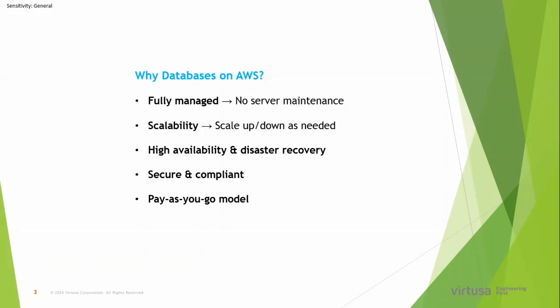Okay. High availability and disaster recovery, because mainly availability is there. Mostly, like last week we discussed 11 nines for the storage itself. Similarly, AWS databases are almost available all the time.